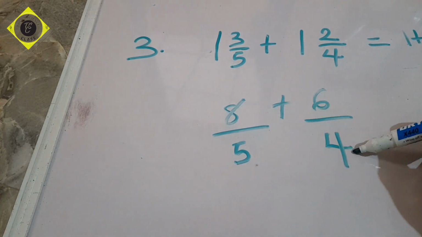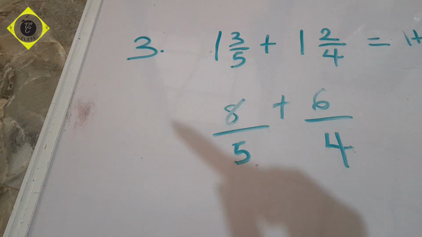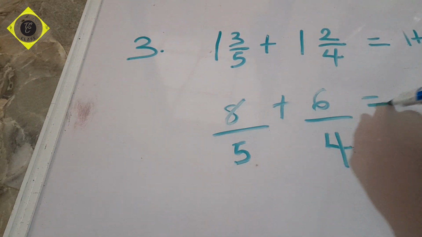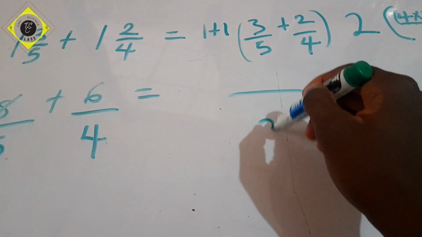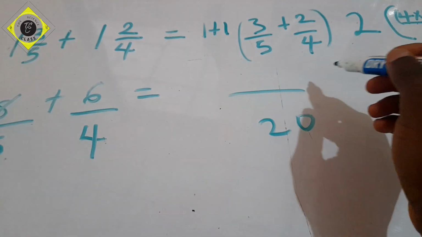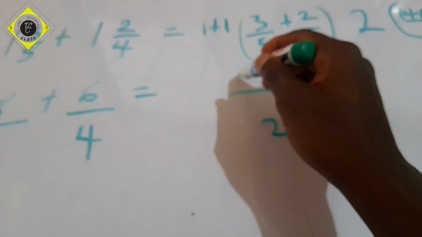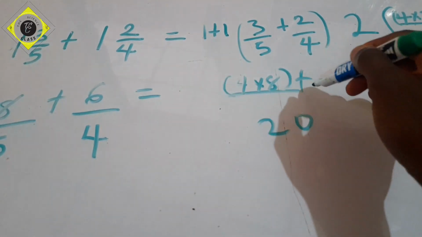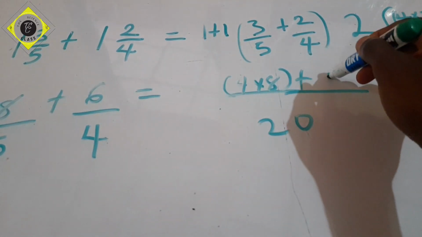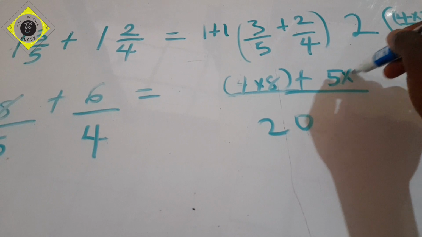And that takes us to the first example we did, which was 8 over 5 plus 6 over 4. And that gives us an LCM of 20. Then 5 into 20 is 4, times 8, plus 4 into 20 is 5, times 6.